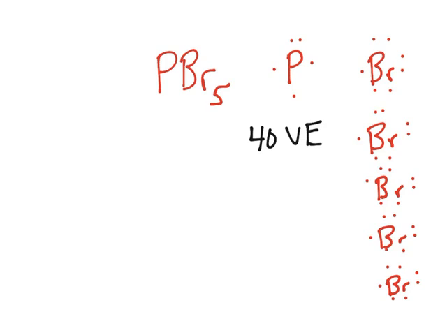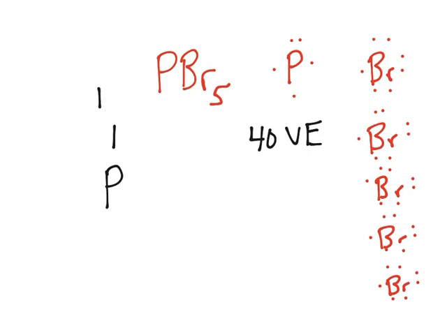Now, we can see that there are 1, 2, 3, 4, 5, 6, 7, 8 unpaired electrons here. So that implies there's only going to be 4 bonds, but we know that has to be wrong because this phosphorus has to be connected to all 5 bromines. So we're just going to be smarter than our method here.